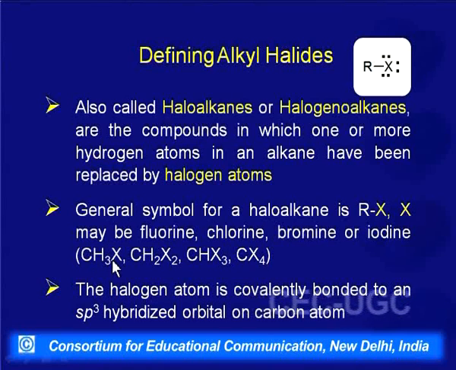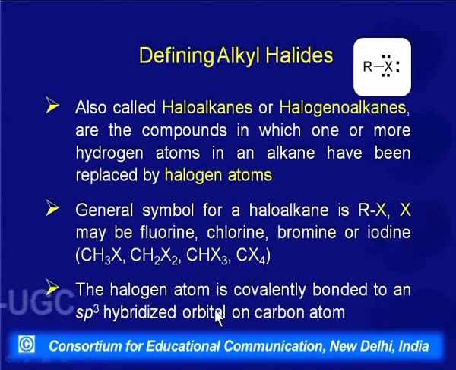So here you can see that we have methyl halide, then we have methylene dihalide, that is, two hydrogens are replaced by two halogen atoms. Then three hydrogens can be replaced by halogen atoms, and finally all the hydrogens can be replaced by halogen atoms. As a result, we get CX4. Carbon tetrachloride is an example of this type.